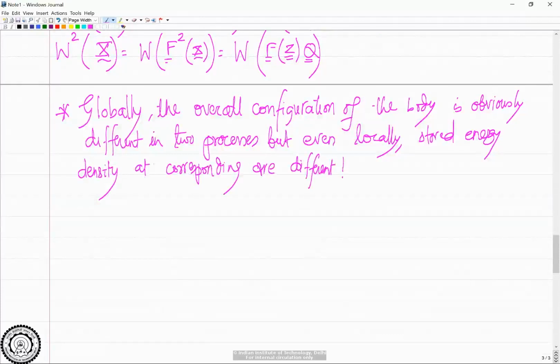You see, there is quite a difference here. Not just globally, but even locally, the energy stored is different.